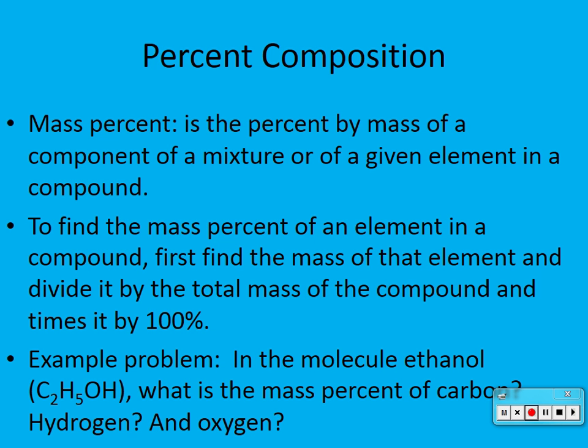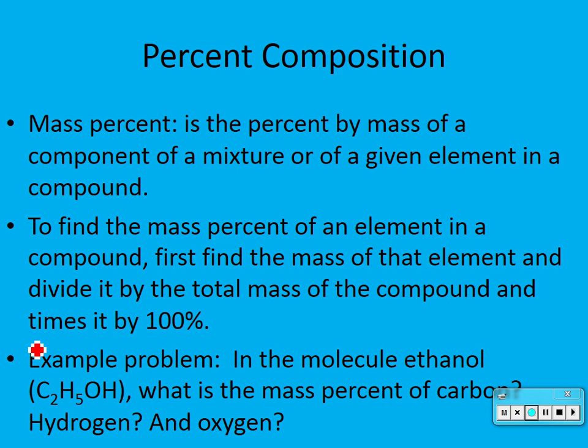Here's an example problem that I want to go through with you guys. In the molecule ethanol, which is C2H5OH, what is the mass percent of carbon, then of hydrogen, and then of oxygen? Let's do that together.